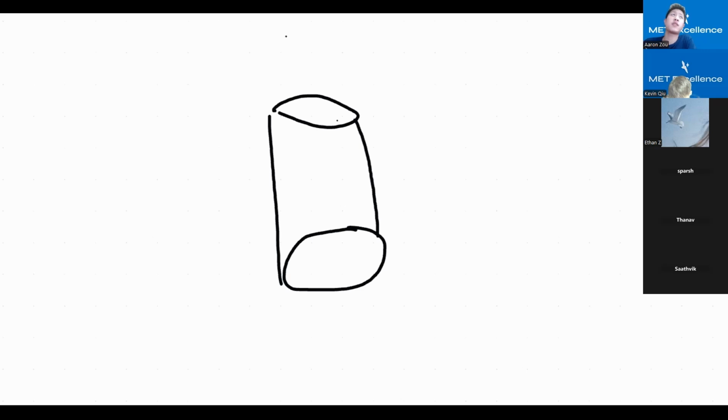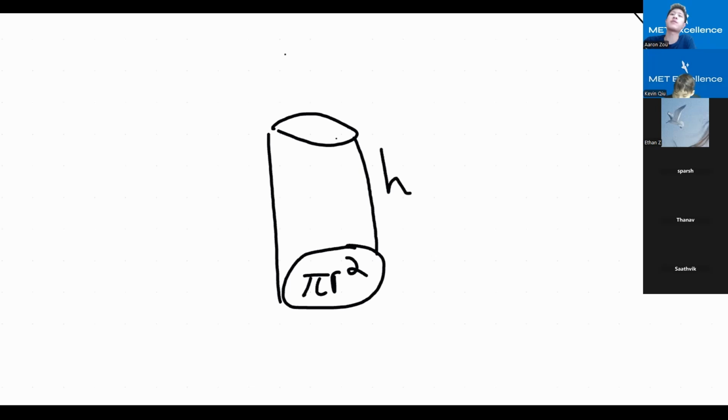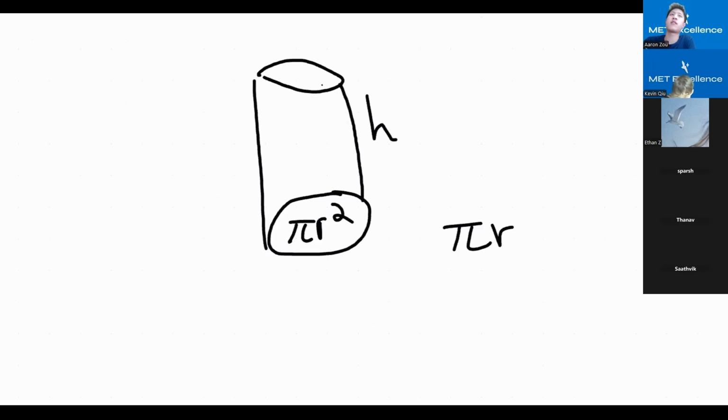You can think of a cylinder as a bunch of small circles stacked on top of each other, like a bunch of chocolate chip cookies stacked up. So the area of the base is pi r squared, that's the area of a circle. Then whatever the height is, you multiply those two together, and you get the volume of a cylinder.